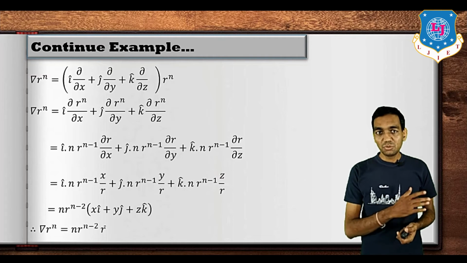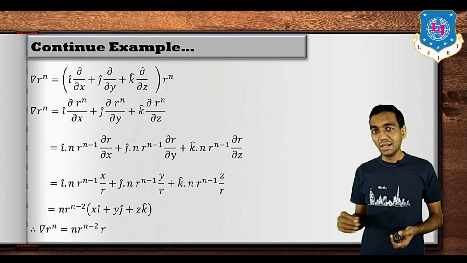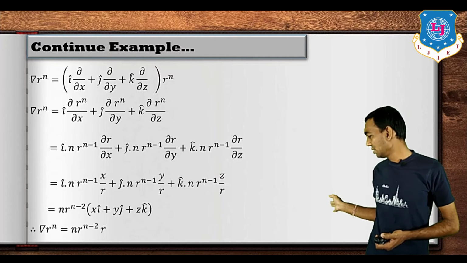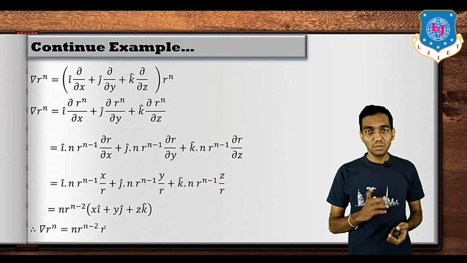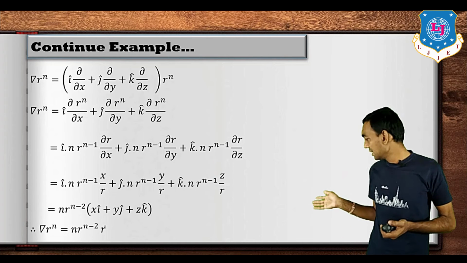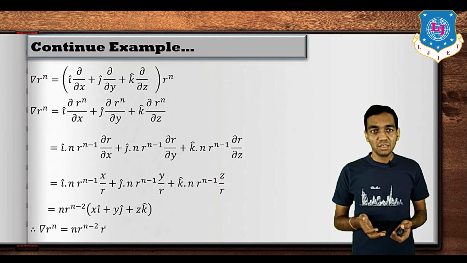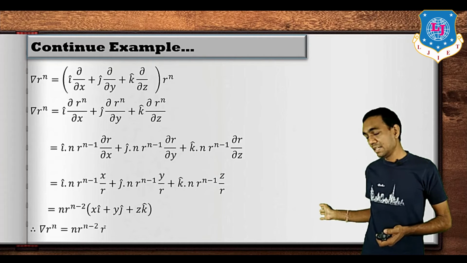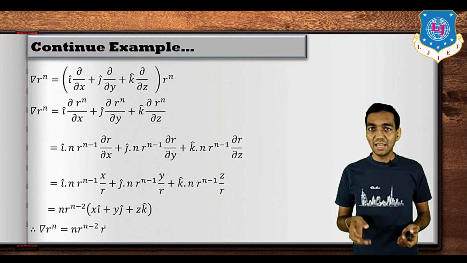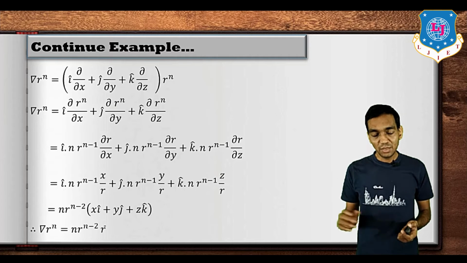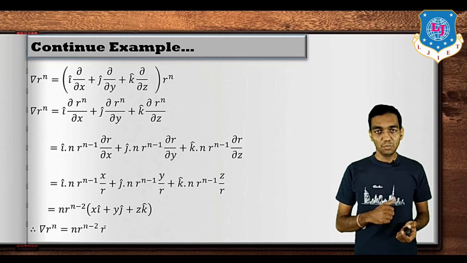So n into r raised to n minus 2 comes out common, and you will have n r raised to n minus 2 into xi plus yj plus zk. But xi plus yj plus zk is nothing but our position vector r bar. So that will give you gradient of r raised to n, that is n r raised to n minus 2 into r bar. Okay.